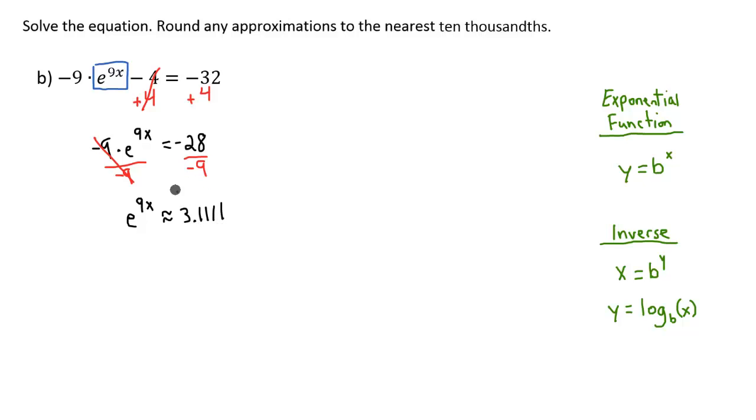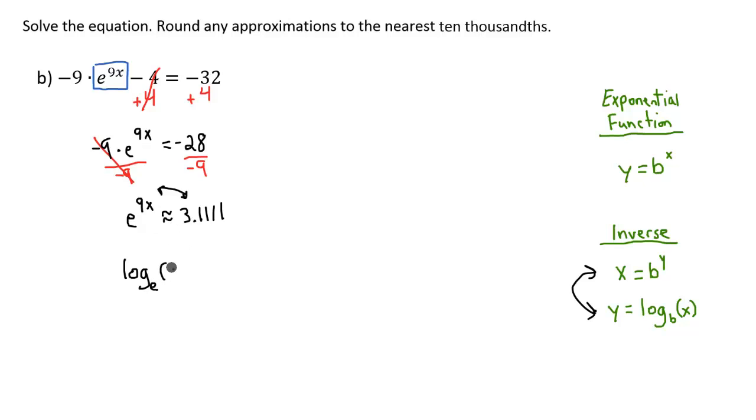Now we have that isolated just the way we want it. And I'm going to use our two different forms here, which are the inverses of an exponential function, which means I'm going to take my base e right here, and I'm going to write it with a log, but instead of being a big base, we're going to make it our little base. And then I just take these two parts right here and switch spots.